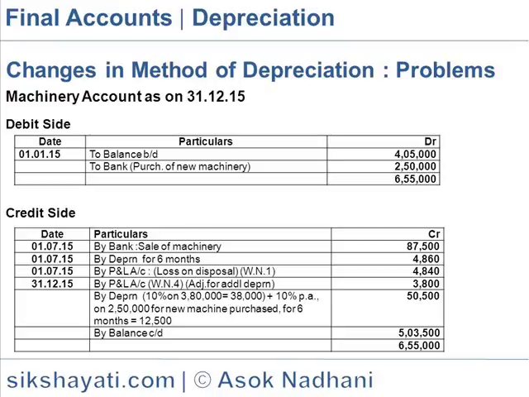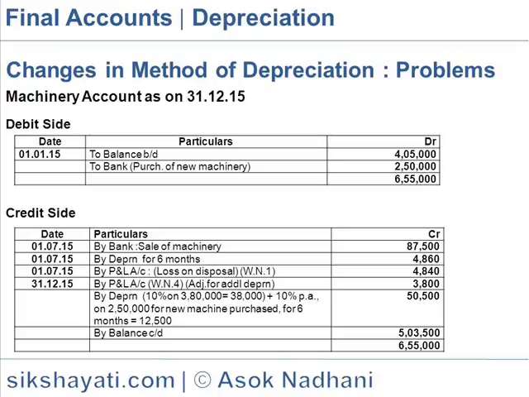The credit side would be, on 1st July 15, the sale of machinery is 87,500. Then the depreciation for 6 months 4,860. Then profit and loss on disposal, we have already shown the calculation, 4,840. Then the P&L account, that is adjustment for additional depreciation, 3,800.